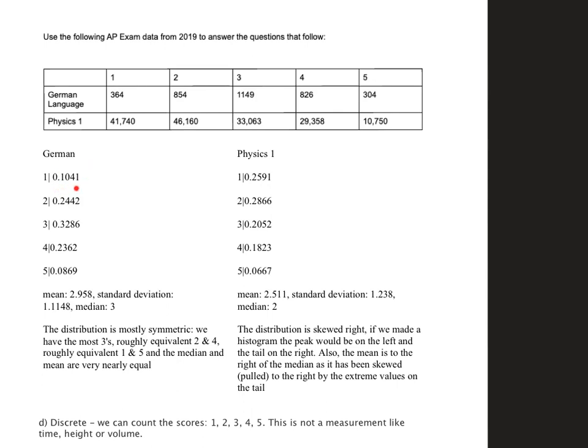To find these probabilities, of course, what I'm doing is I'm just taking 364 ones out of the total number, and I'm adding this all up and saying, okay, what's the probability that I get a 1 on the exam here, and same for all the others, and same for the physics as well. To calculate the mean, standard deviation, and median, all three of those, you're going to want to use your calculator.